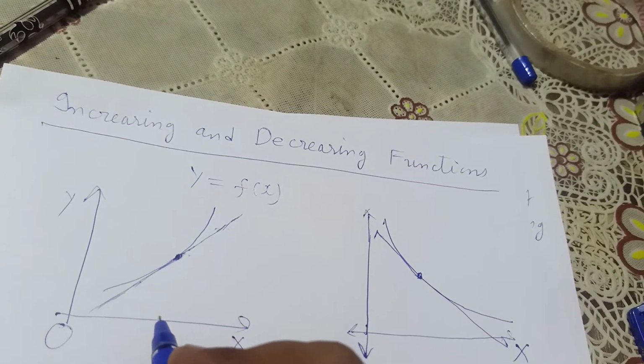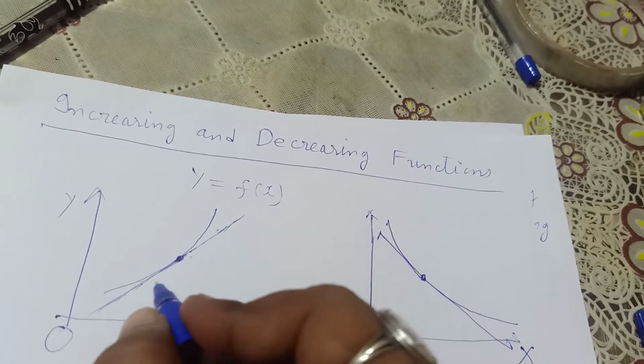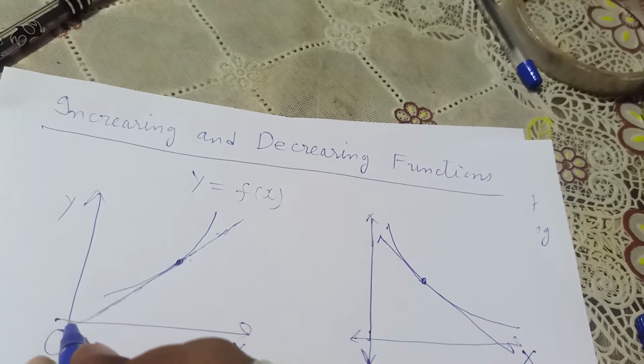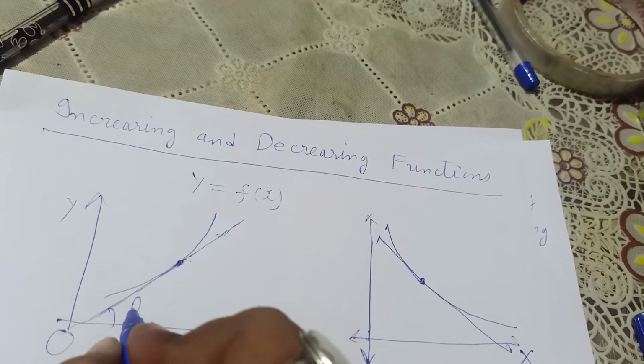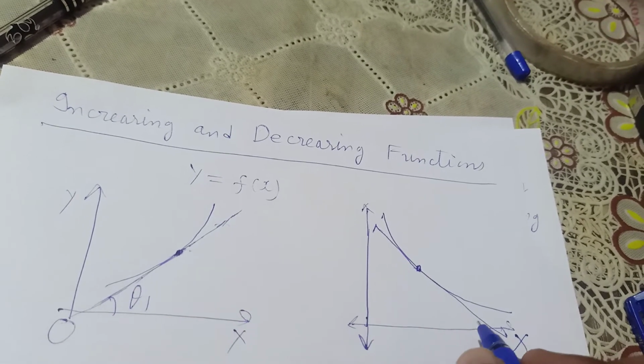Here you can see the angle between the tangent and the positive x-axis, we name it theta 1 or theta 2.